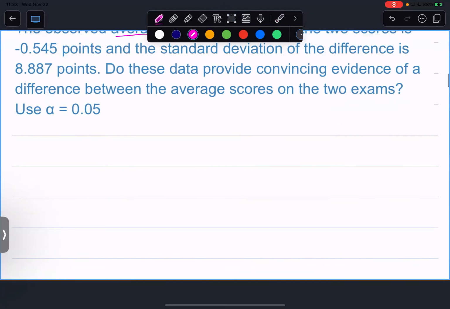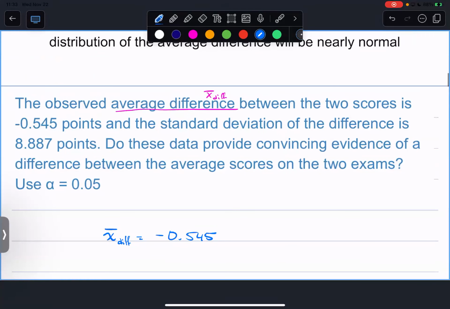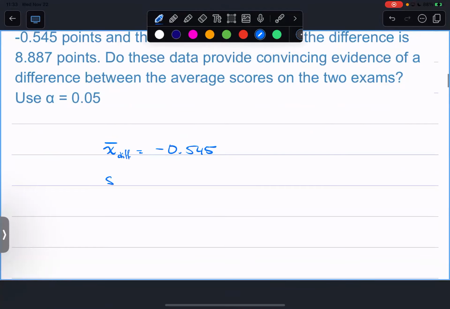So let's make a note here that X bar of the differences is negative 0.545. The standard deviation of the differences is 8.887.